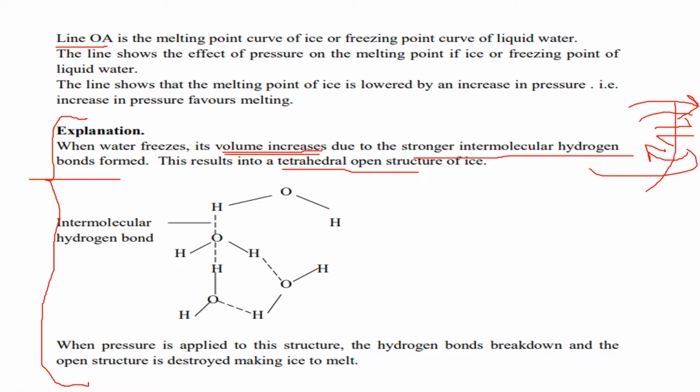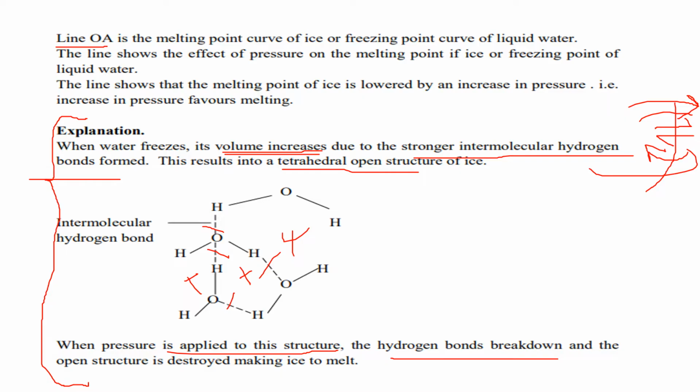That's why we say that an increase in pressure lowers the melting point of ice. All of these hydrogen bonds are going to be broken, and once they are broken, these air spaces are going to be lost.